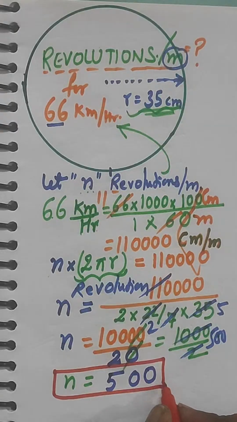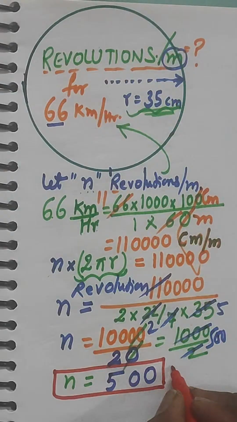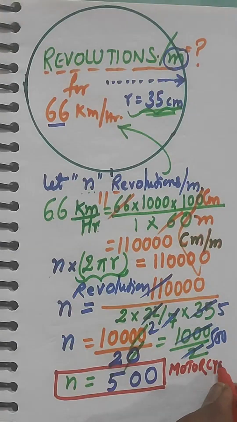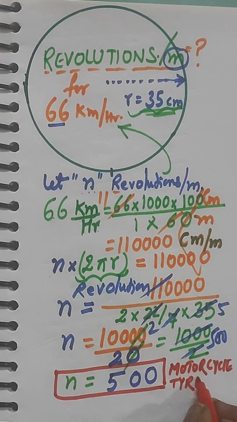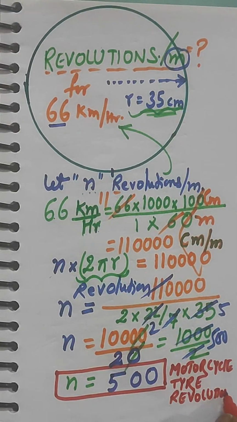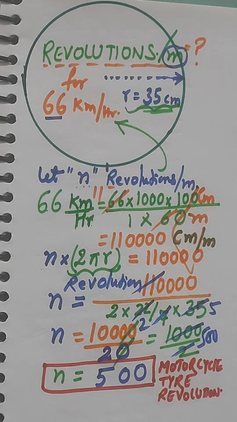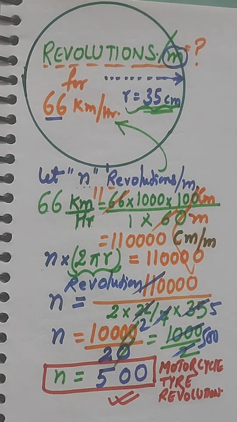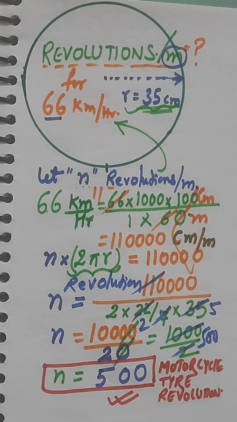The motorcycle tire revolutions per minute should be 500, right? This will lead to a speed of 66 km per hour, right?